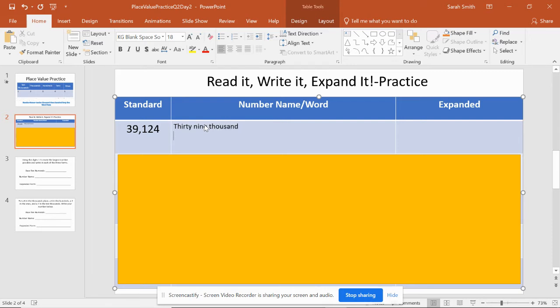I'm actually just going to put an enter. And then I'm going to say my next line, 124. Sometimes people want to say something like 124. Think about how that sounds to you. That doesn't make sense. That's not how we say numbers. That's not how you've ever said a 3-digit number.